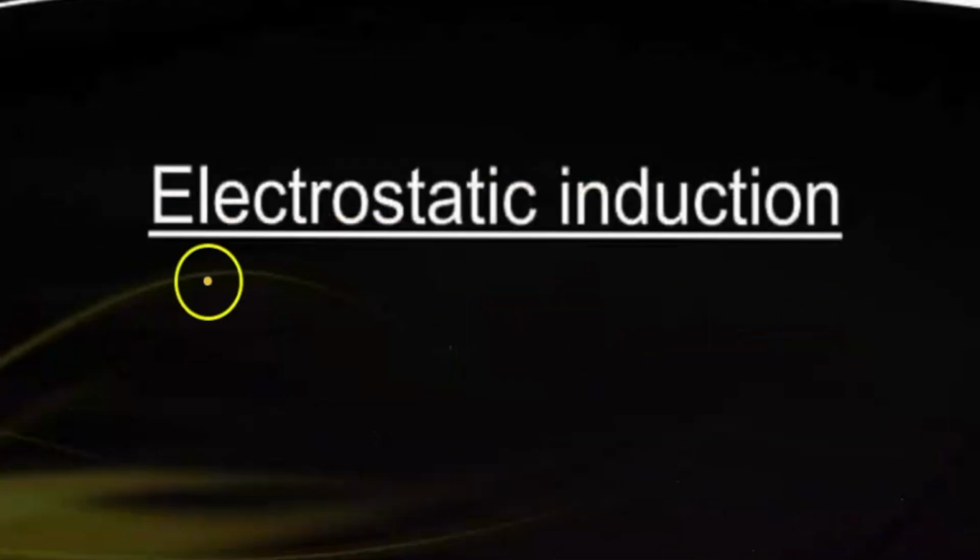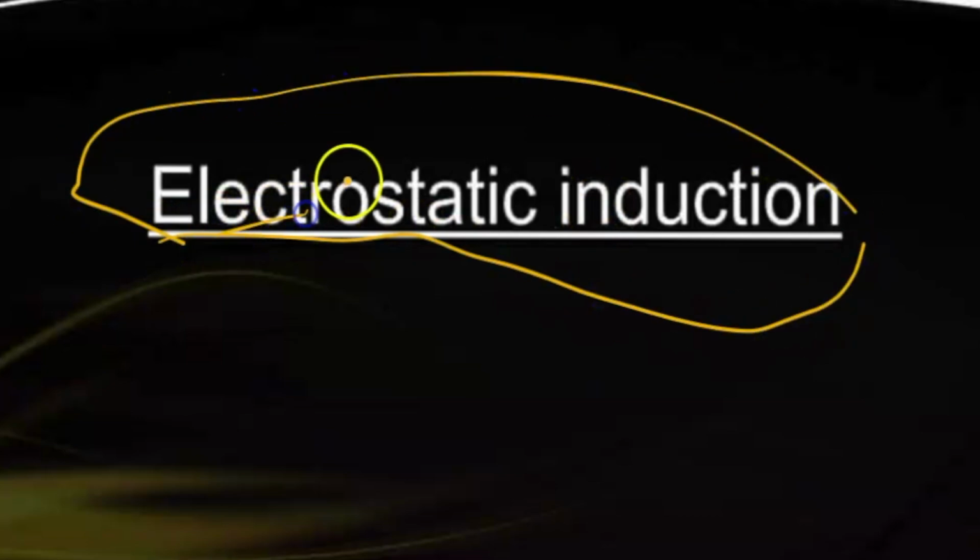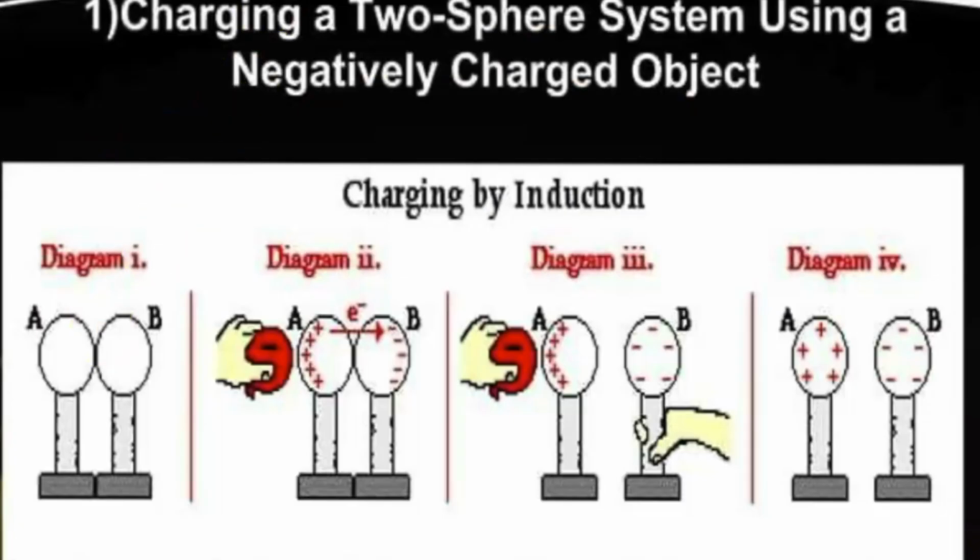Now we come to electrostatic induction. We already know that charge can be transferred by friction, and we can also transfer charge by electrostatic induction. Let's see the different methods. First, charging a two-sphere system using a negatively charged object.